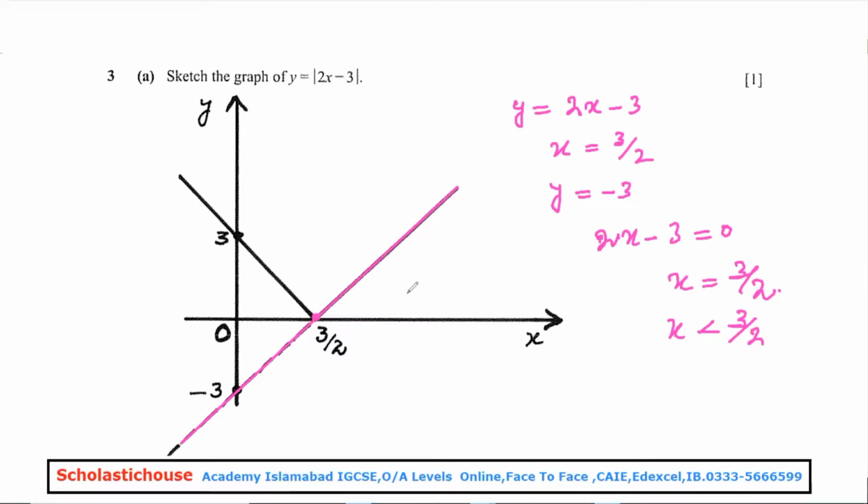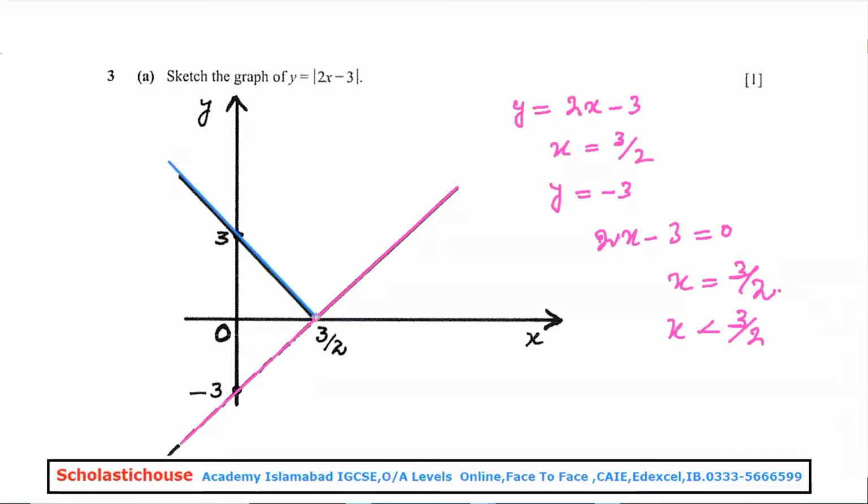According to the rules, now we will reflect this line about the x-axis. So after reflection, from 3 over 2, this part of the line we will reflect.